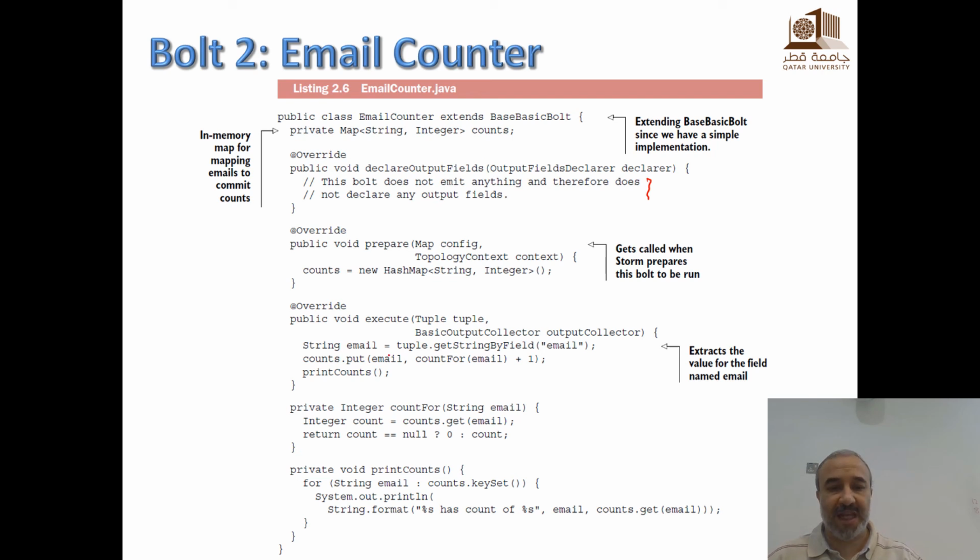Whenever we get a new email from the tuple, we add it to the hash map, as we do typically. And here in that code we print the counts every time.